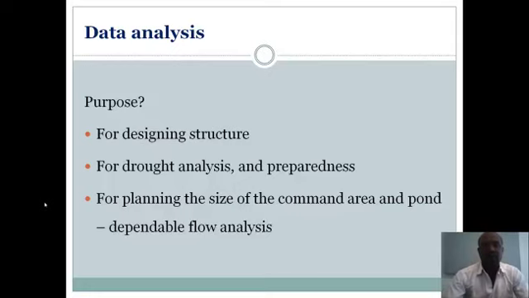But for the command area and pond to be planned in spate, we don't have those methods, and also the methods that we require here are not for the extreme case, because the extreme case we usually could not get every now and then, because the extreme case we are planning for is likely to happen 1 in 100 years or 1 in 50 years.